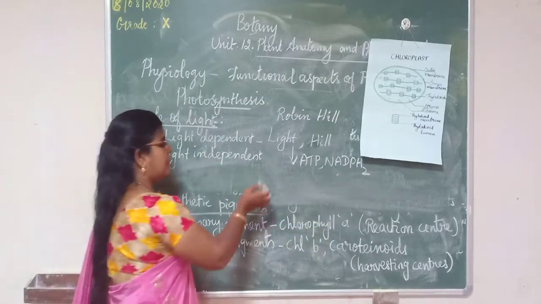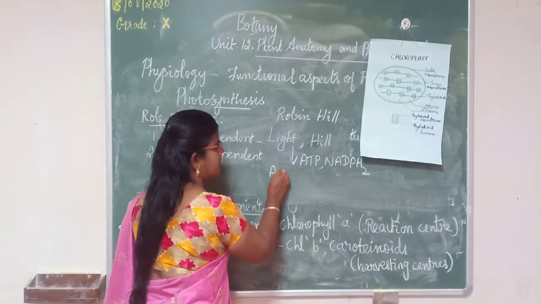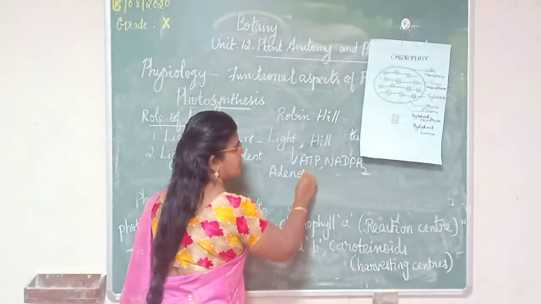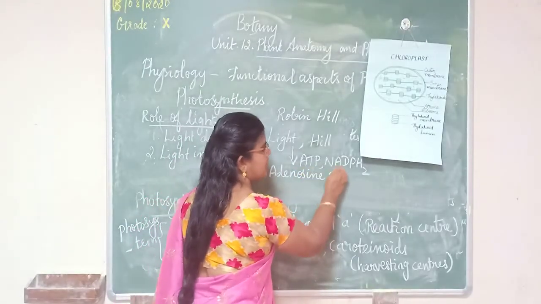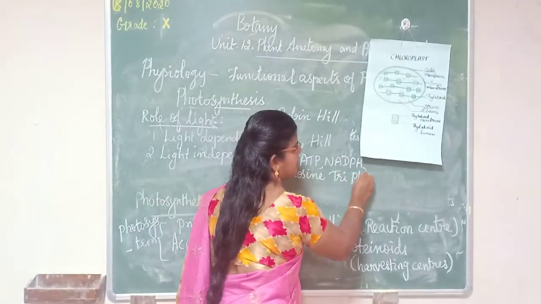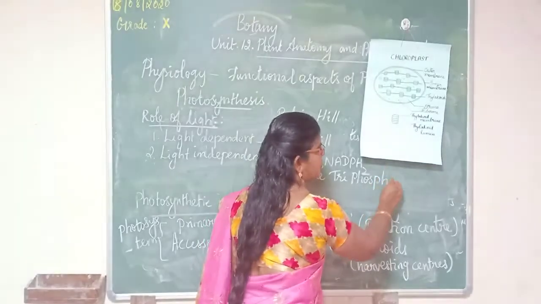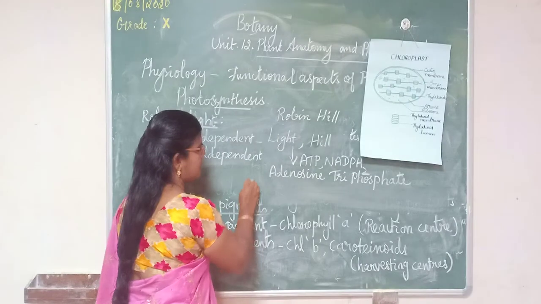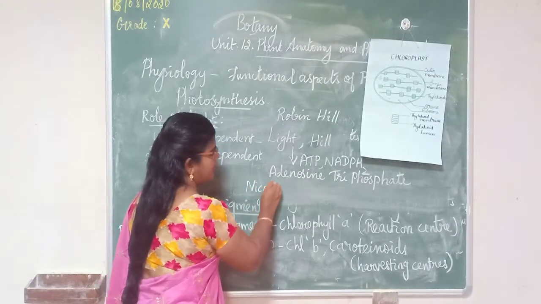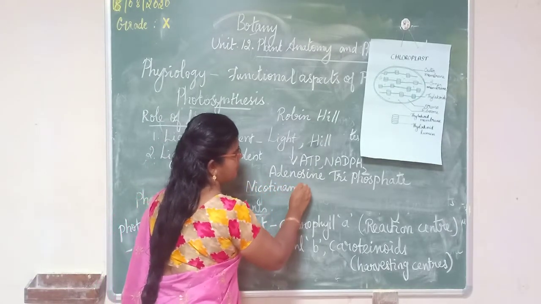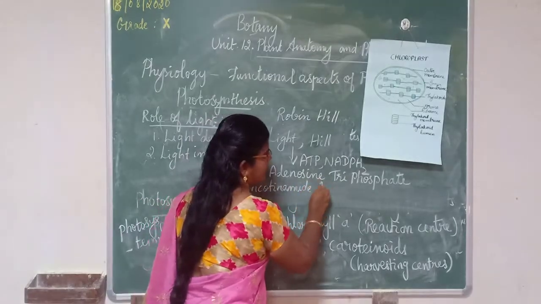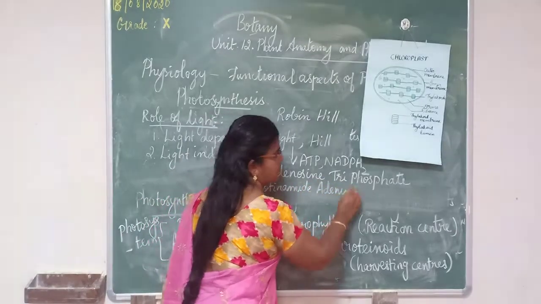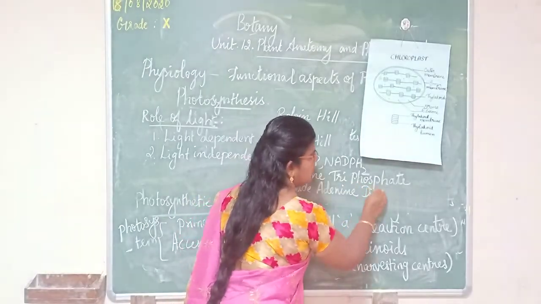The full form of ATP is adenosine triphosphate. The full form of NADPH2 is nicotinamide adenine dinucleotide phosphate.